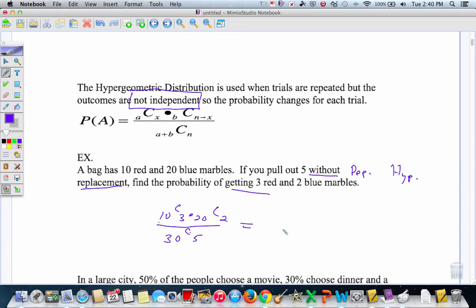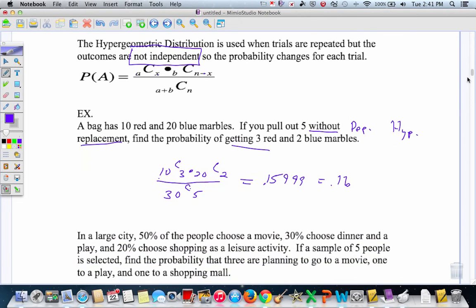So 10C3, notice 10 plus 20 is 30. The 3 plus 2 is the 5. That's kind of our check to make sure we have our hypergeometric set up correctly. And if we plug that in, we get 0.15999, or about 16%, 0.16. So there's an example of each: a multinomial, a Poisson, and a hypergeometric.